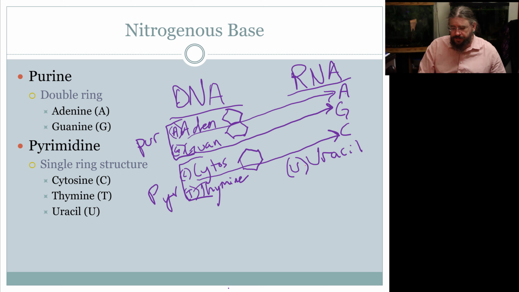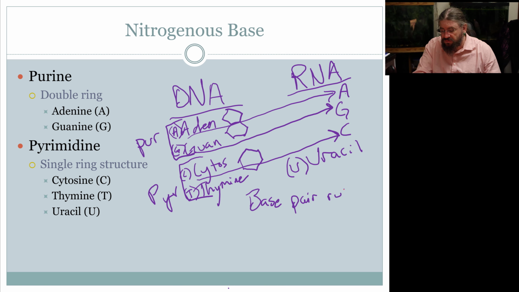Okay. So, hydrogen bonding is pretty simple. We call it the base pair rules. And it's surprisingly easy, right?